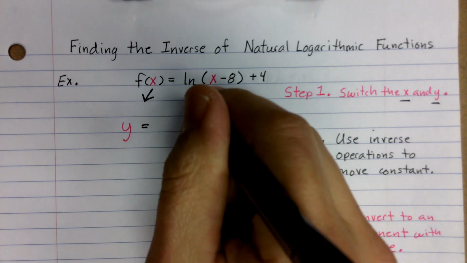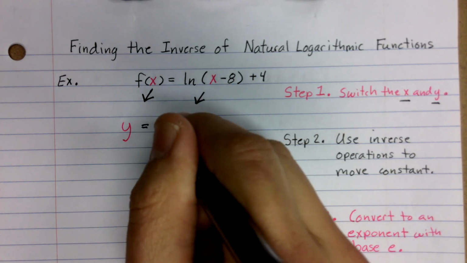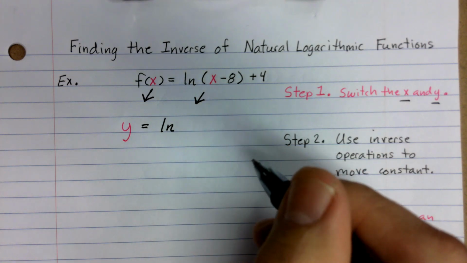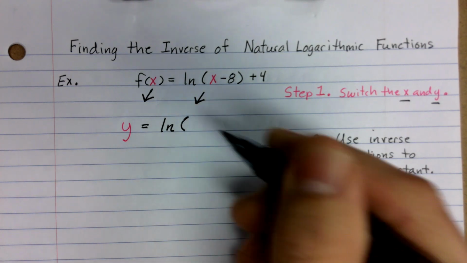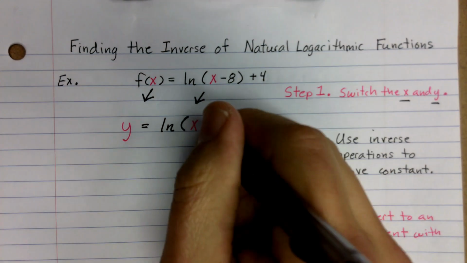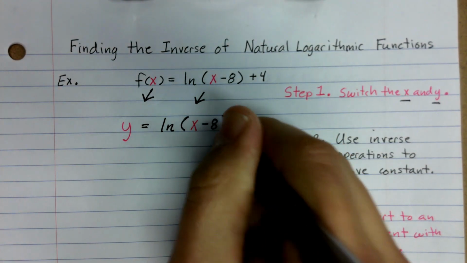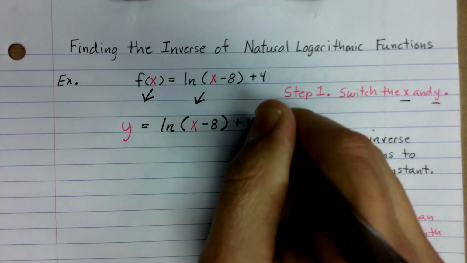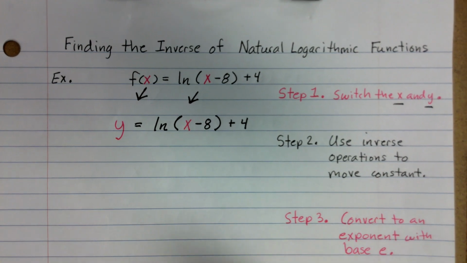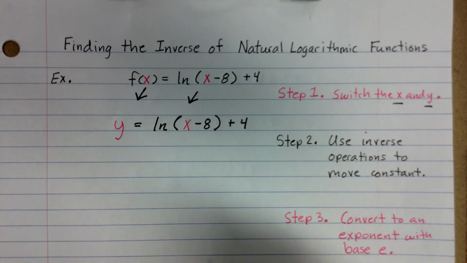And this is going to be equal to, I'm going to bring down the rest of this, ln, which stands for a natural log with a base of e, times x minus 8 plus 4. Now, once we finished writing it with our y and our x, we're going to go ahead and swap them.